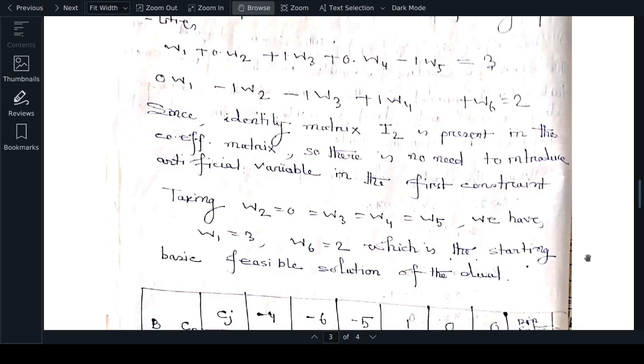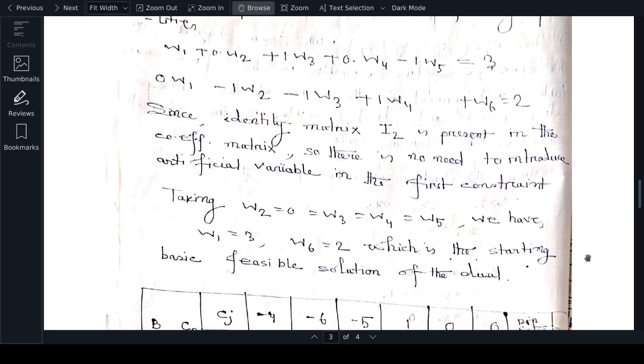So 1 0, and another one is W6, here we use as a slack variable. So here 1 0 and 1. So which two variables give us the identity matrix? W2 and W6 give us the identity matrix of order 2.